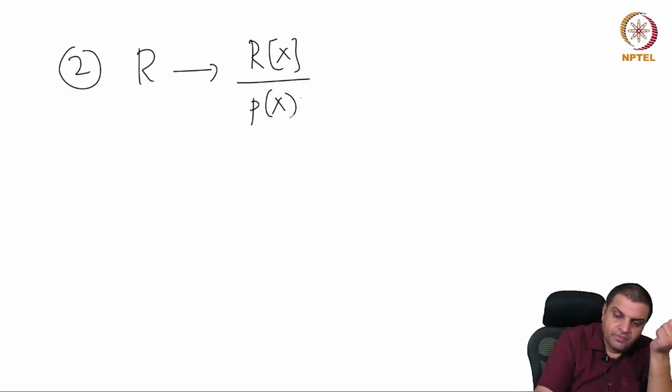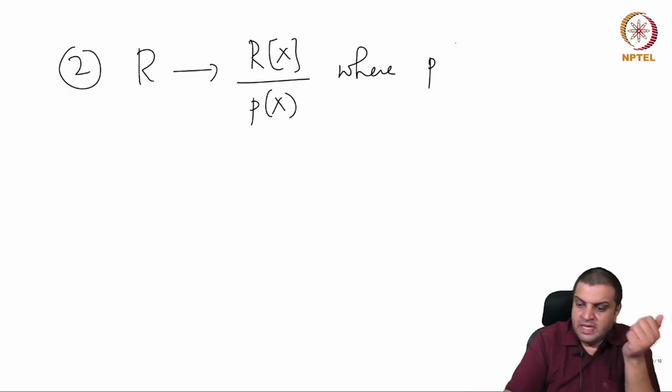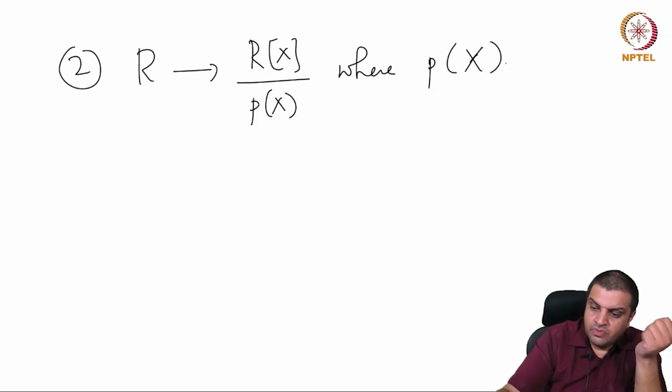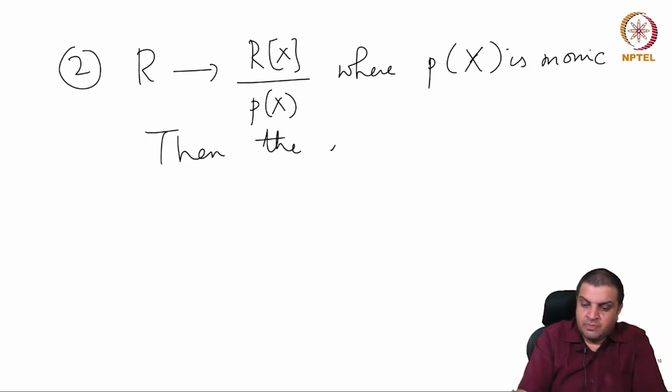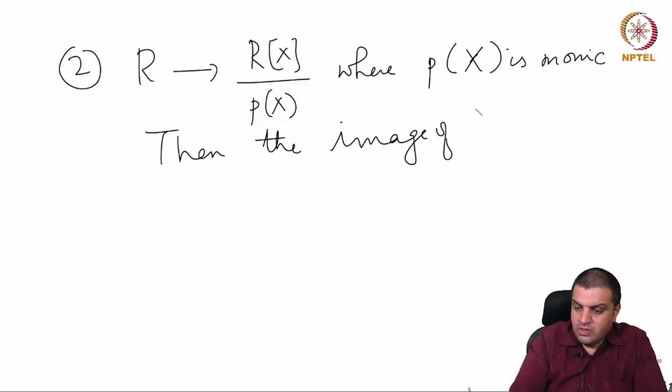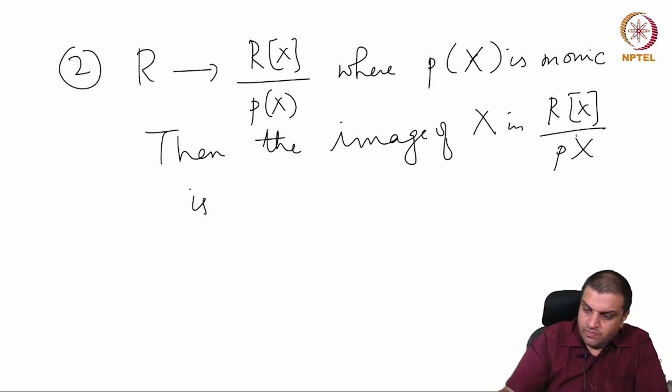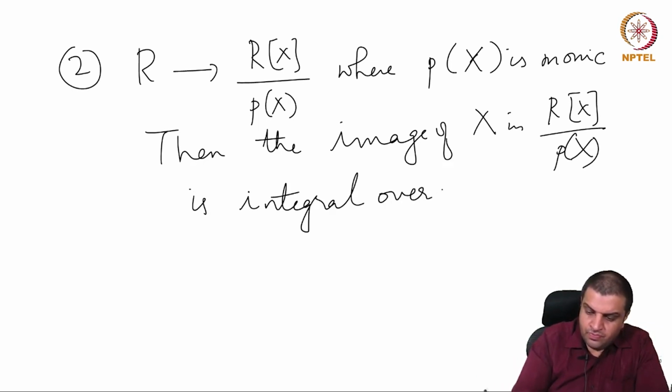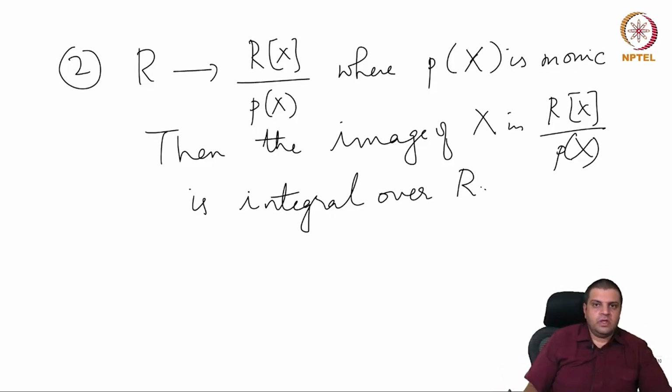So if you take R to R[x] modulo P(x), where P(x) is monic, then the image of x in R[x] mod P(x), the residue class, is integral over R. That is another example. It's sort of formally constructed, but okay.